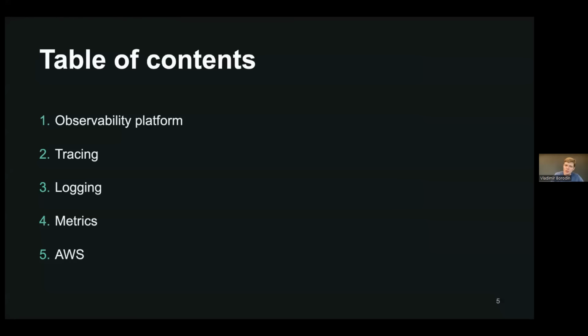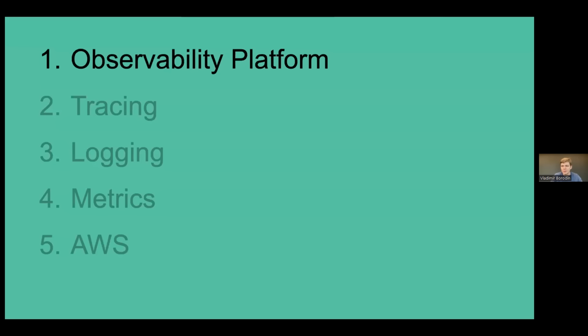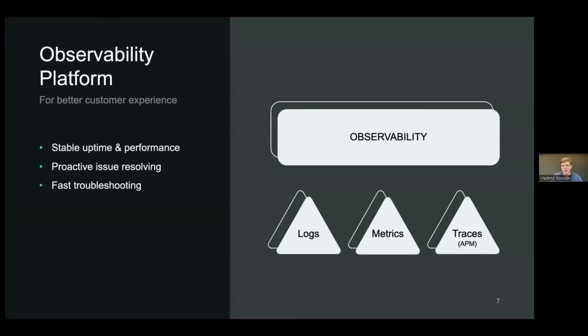So let's start with a definition of what I call an observability solution or observability platform. What we want is to provide a better experience for our customers. And to do that, we need several things. First of all, we need to be sure that our service works with good uptime and performance.